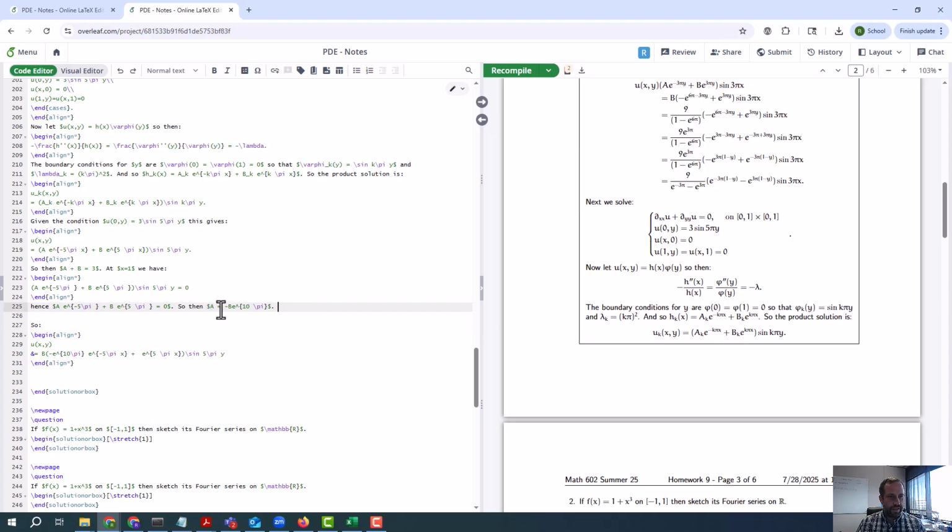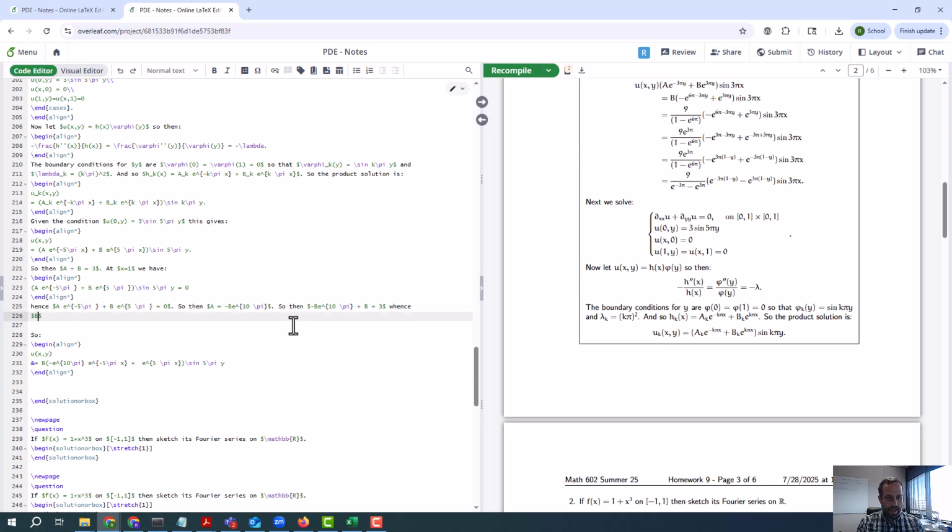So if you take this expression for a and plug it into a plus b is equal to 3, we have this, that, plus b is equal to 3. And then b is going to be equal to 3 divided by 1 minus e to the 10 pi, like that. Okay, all right.